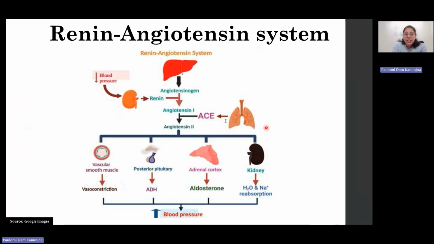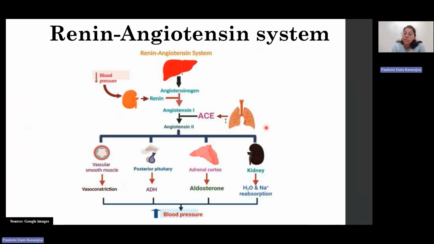What they do is renin converts something called angiotensinogen into angiotensin 1. Angiotensin 1 is converted to 2 by ACE. And what does this angiotensin 2 ultimately do? It does vasoconstriction, and it increases the concentration of aldosterone. What does aldosterone do otherwise?